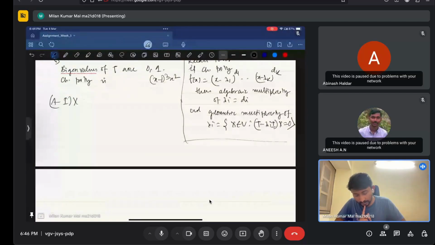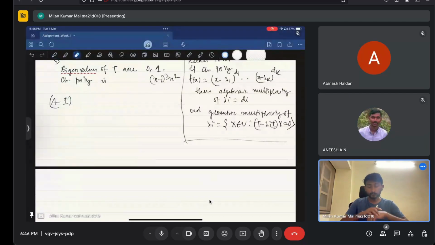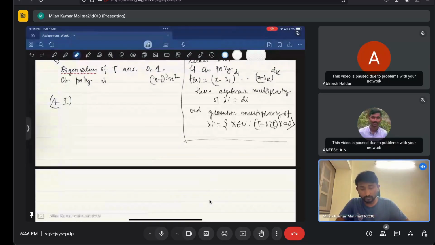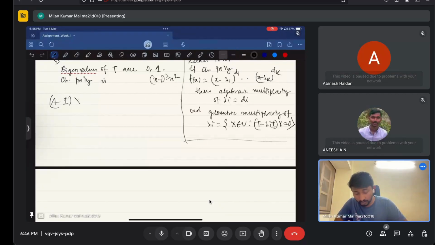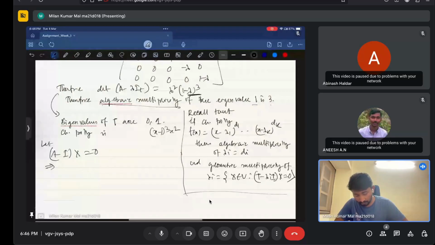the vector x corresponding to coefficients 1, x, x square, x cube, all the way up to x to the power 4, equal to 0. This means A minus lambda I, let lambda equal 1 be the eigenvalue.